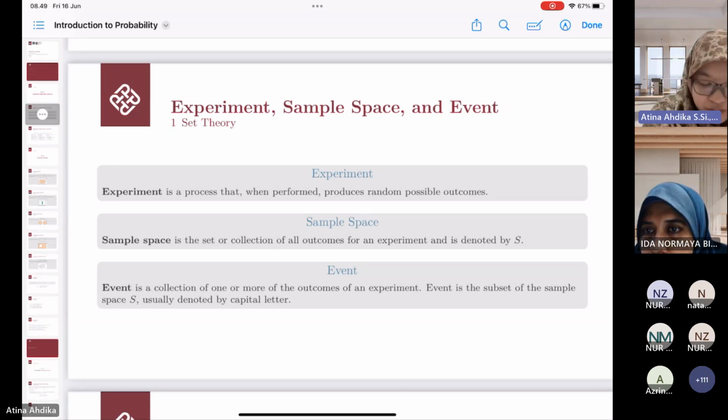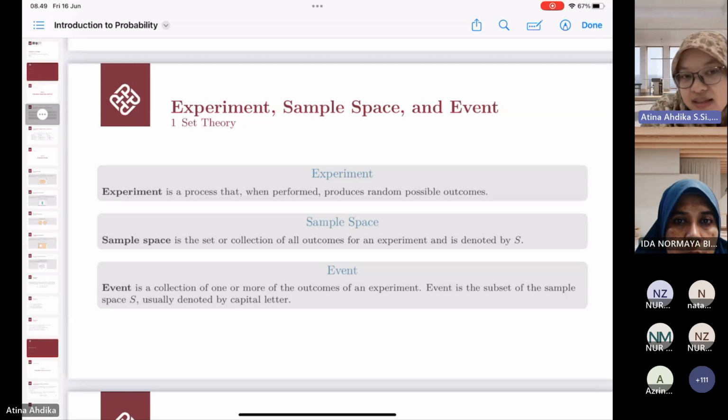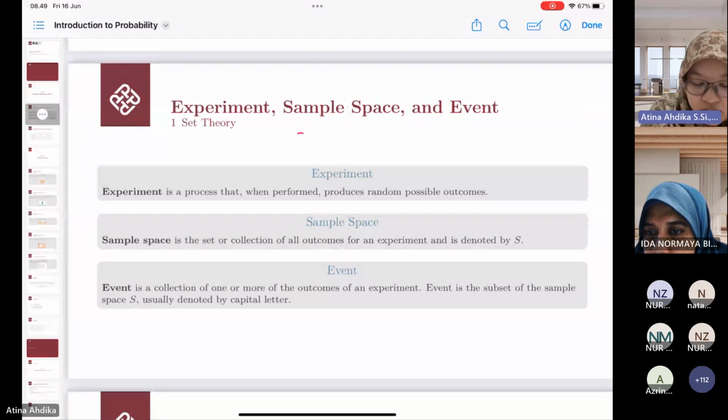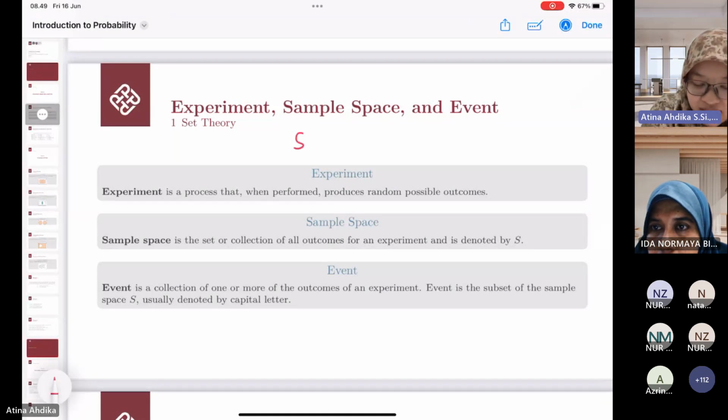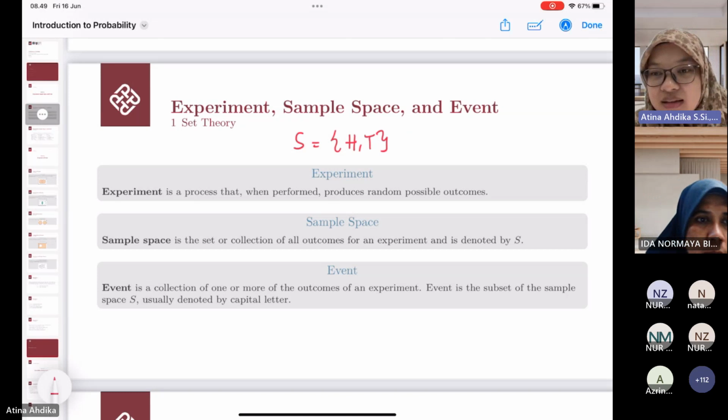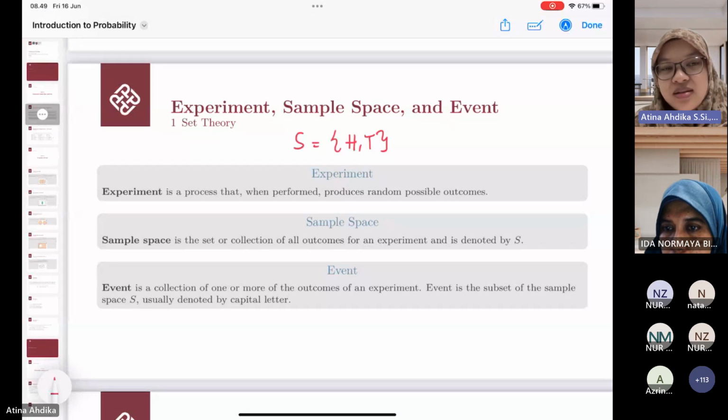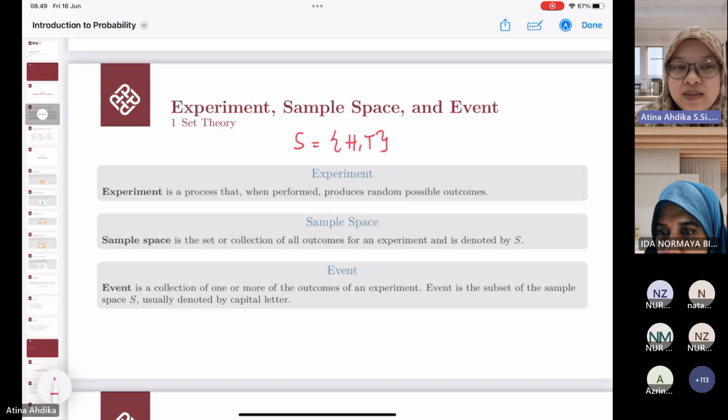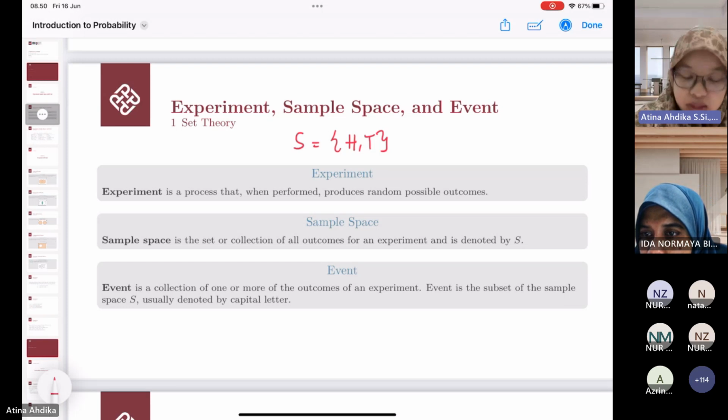We will have a sample space, which is the collection of all outcomes for this experiment, and we can write our sample space as head and tail. So you can see the difference between experiment and sample space. Experiment is the process that produces random possible outcomes, and the sample space is the set or collection of all outcomes of the experiment.